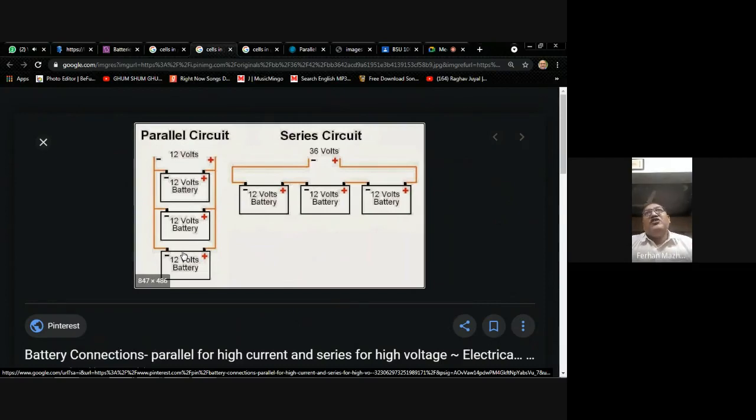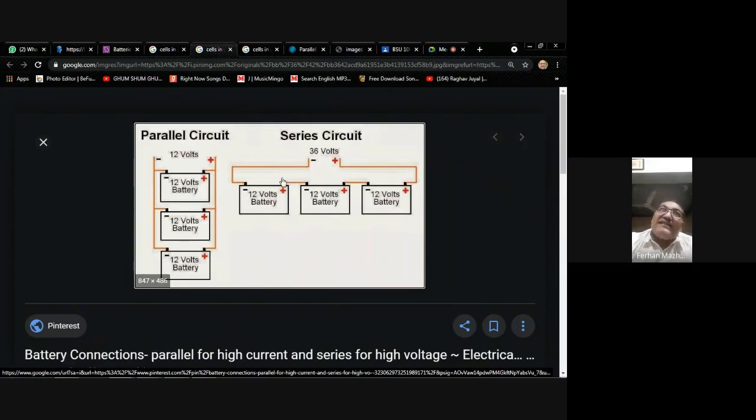So if you connect them in parallel to each other, you see what will happen. The important thing is, in your syllabus, the batteries will always be identical, so their EMF will be the same. So when you connect them in parallel, the EMF of the whole combination, the voltage of the whole combination, will be equal to the voltage of a single battery.